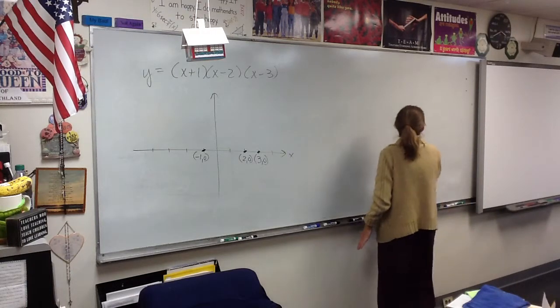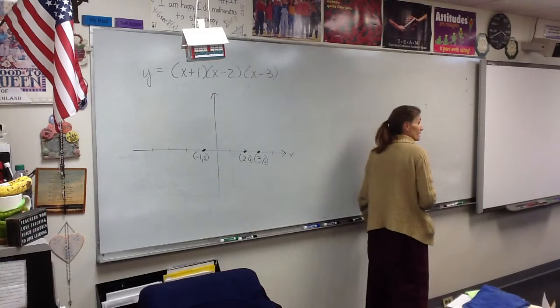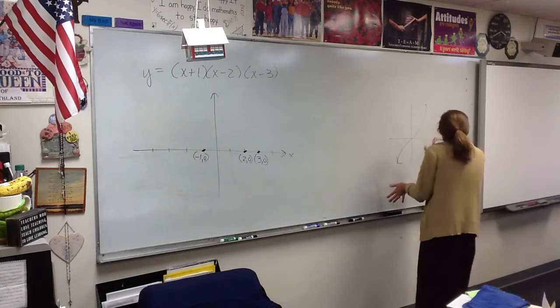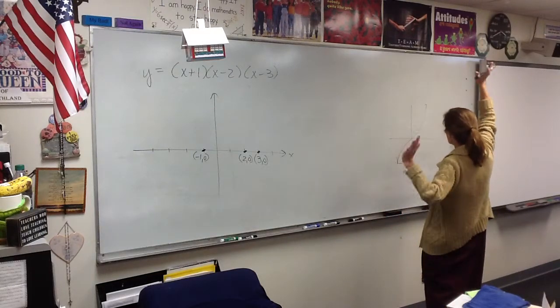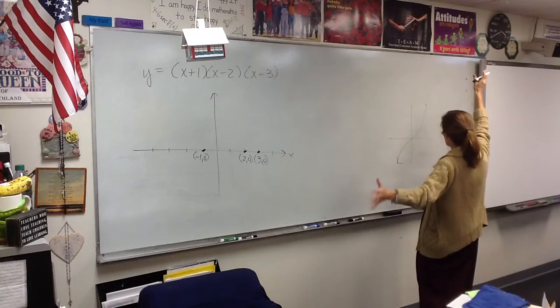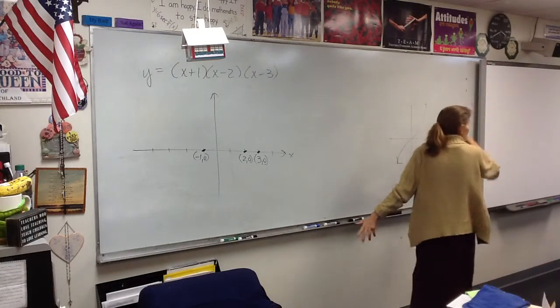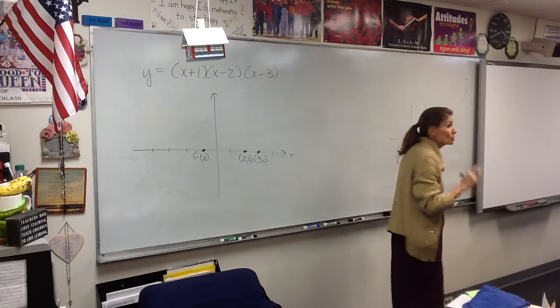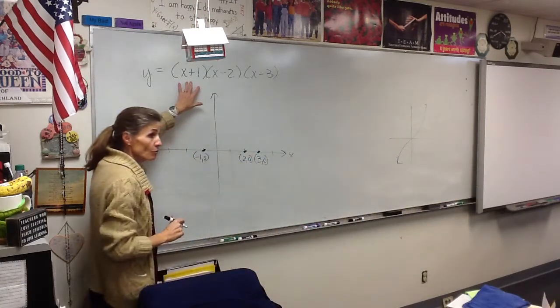What did the cubic polynomial look like? Didn't it look like this? Yeah. It starts down and ends up. This is the way odd polynomials act. So, we have figured out that this is an odd degree.